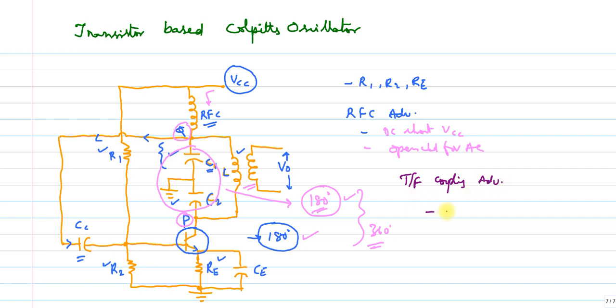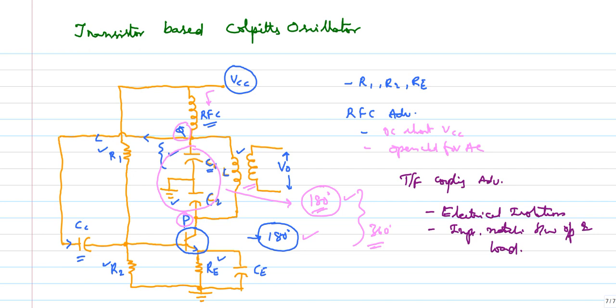It provides electrical isolation, and it provides impedance matching between the oscillator output and the load. Based on these two advantages, we are using transformer coupling at the output stage.